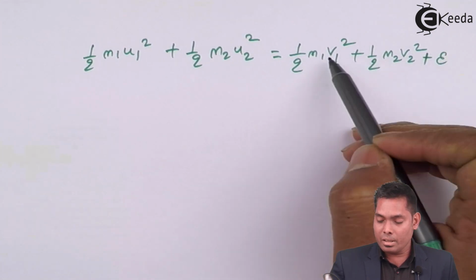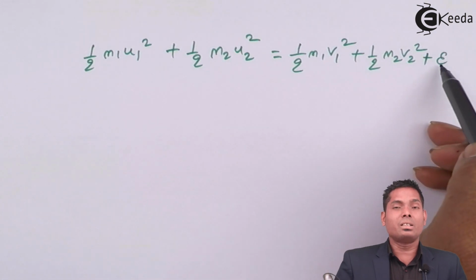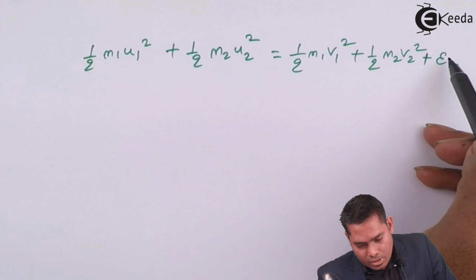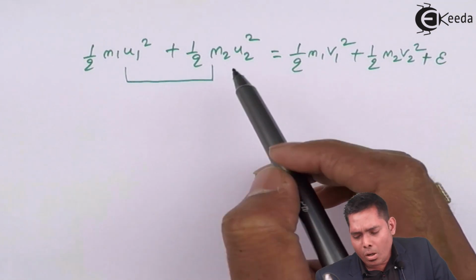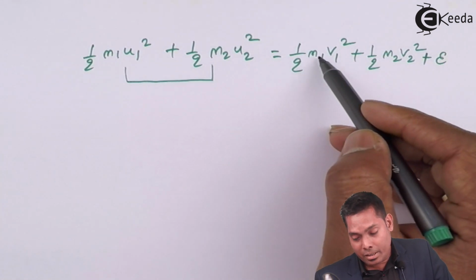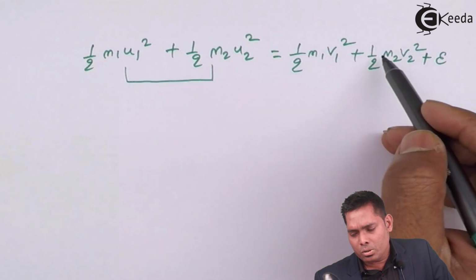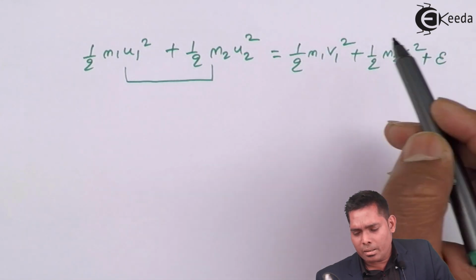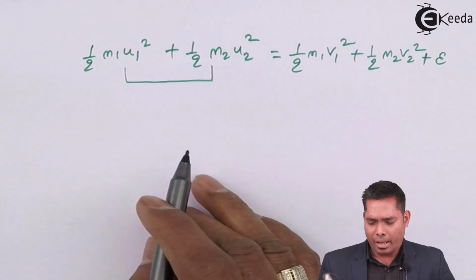Whatever energy this absorbs is obtained from the sum of these two energies. Some part is absorbed and the remaining kinetic energy appears here. So when you add the sum of these two kinetic energies with this, that must match the initial total kinetic energy.